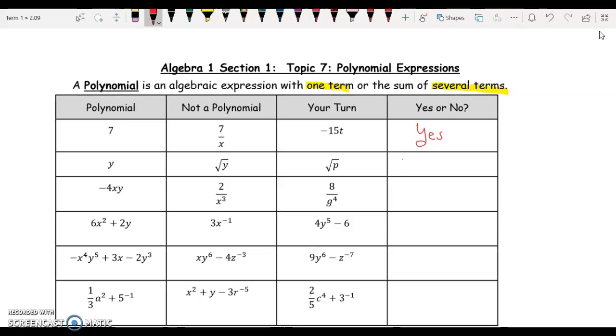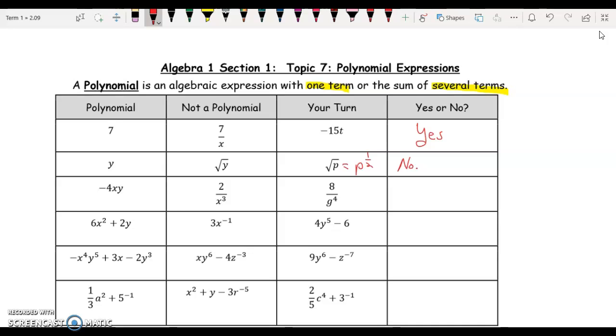This one would be a no, because it's a variable to a square root, just like the one next to it, the square root of y. And also, we could rewrite p as p to the 1/2 power. So if we have fractional exponents, then it's not a polynomial. Well, I should say a fractional exponent on a variable.